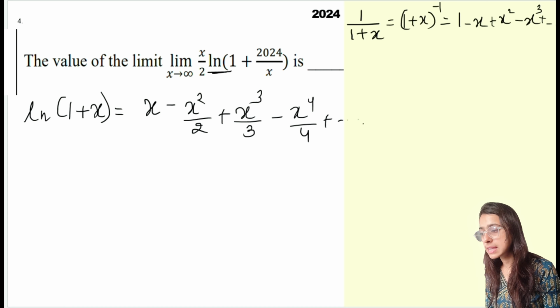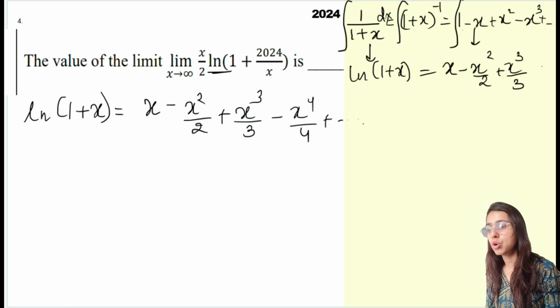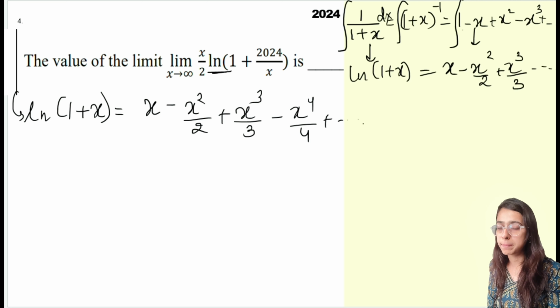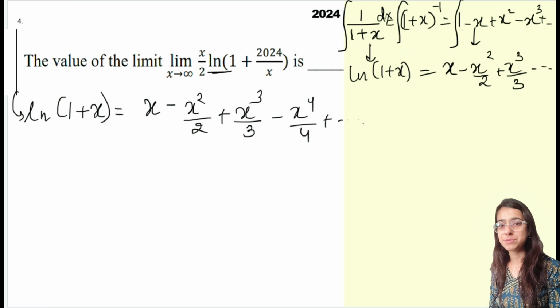Now if I take the integration of both the sides, this will become log 1 plus x, and the right hand side will become x minus x square by 2 plus x cube by 3 and so on. So in this way, even if you don't remember this series, you know that the integration of 1 upon 1 plus x is log 1 plus x, you can use this property as well.